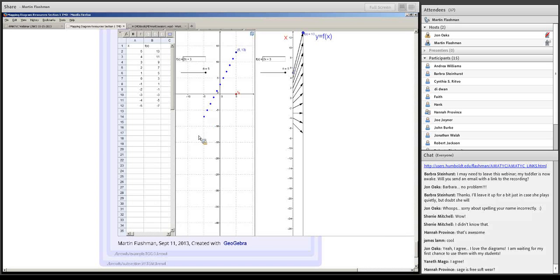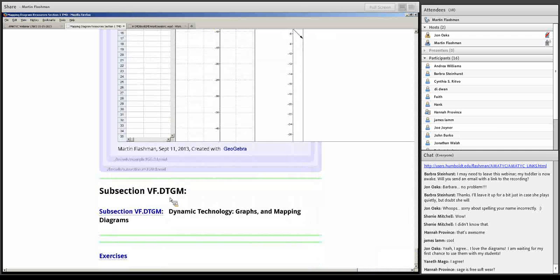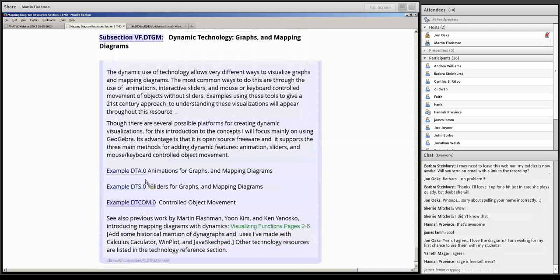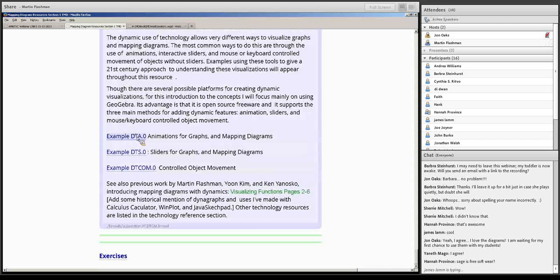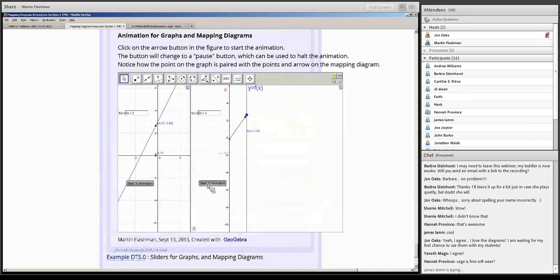You can build these mapping diagrams pretty easily, or download them from this page I've given you and look at them as well. Also, I want to look a little bit at these things more dynamically, just to show you how this can help your students. So here's a GeoGebra that has a built-in animation showing you the mapping diagram as it moves along and comes back up.